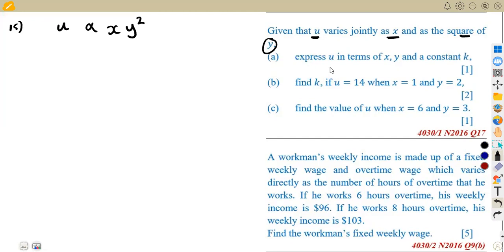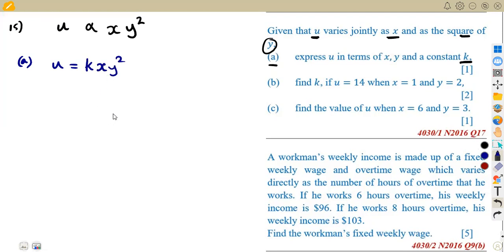All right, so the first question is express u in terms of x, y, and a constant k. The constant is involved in this case. So meaning to say we are going to have u being equal to, introducing the constant in terms of the variation, k x y squared.